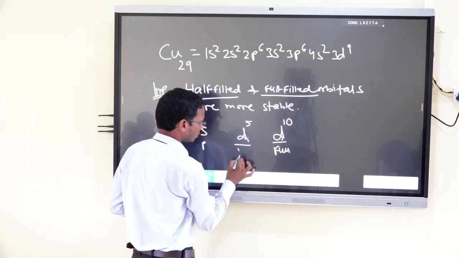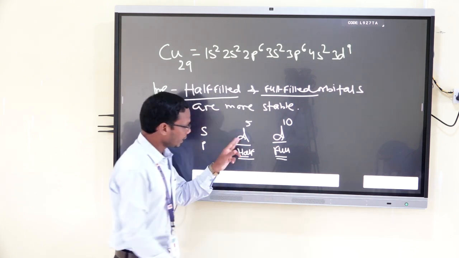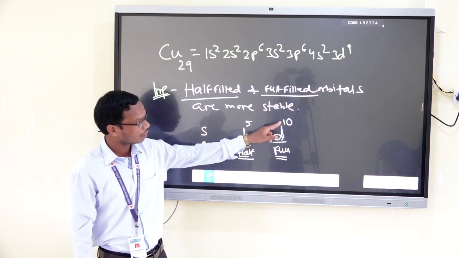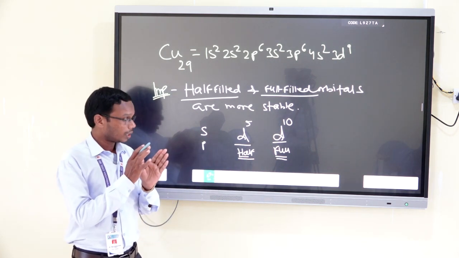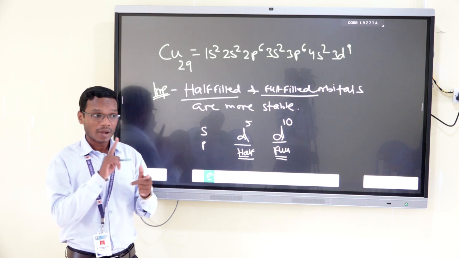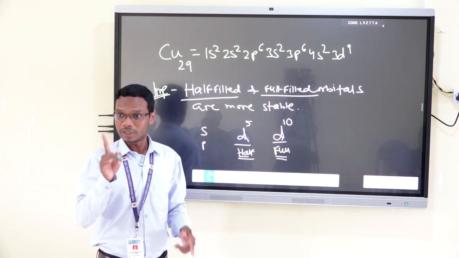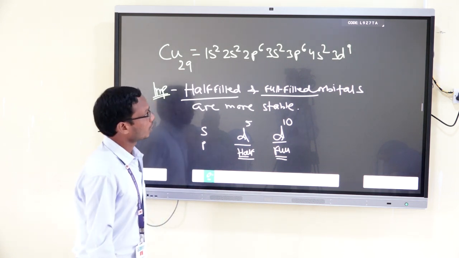Yes or no? Understand clearly? So we conclude that d always tries to keep 5 electrons or 10 electrons in the outermost orbit, if it is possible, not in every condition.